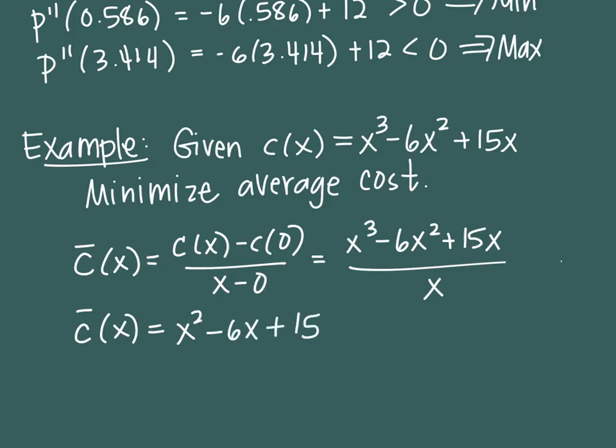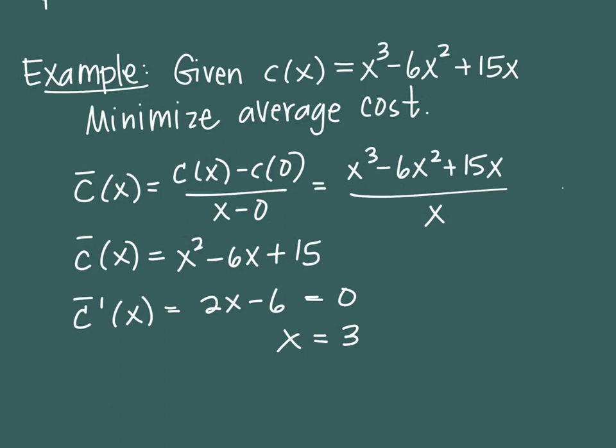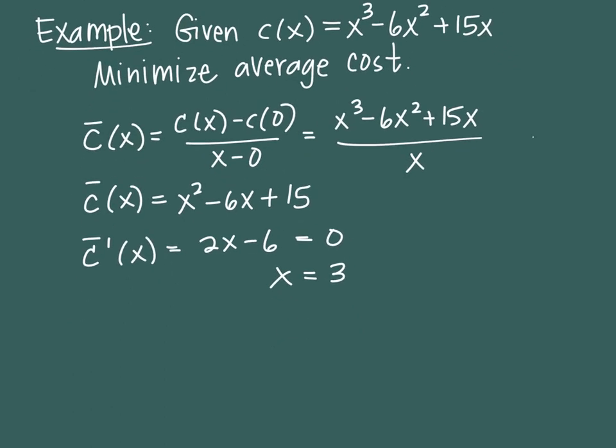That's just C bar. Now I want to minimize C bar, minimize the average cost. So now I'm going to do C bar prime, which will be 2x minus 6. Set that equal to 0. X is 3. But you want to really make sure that that is a minimum. And so I like to check the concavity to make sure it's going to be a minimum. So to check the concavity, I'm going to do C bar double prime.